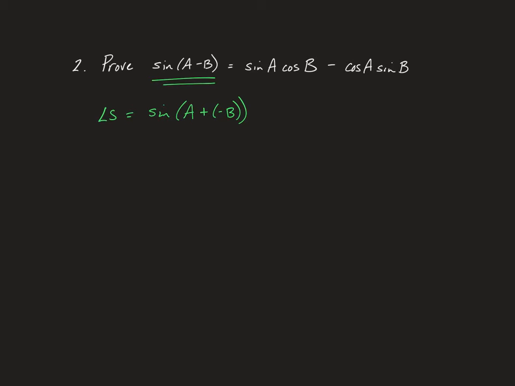Rather than viewing it as the subtraction of two angles, I'm going to view it as adding a negative angle. Because what we just learned on the last screen, that we can break that down using that identity. It was sine of A cos of negative B plus cos of A sine of negative B.